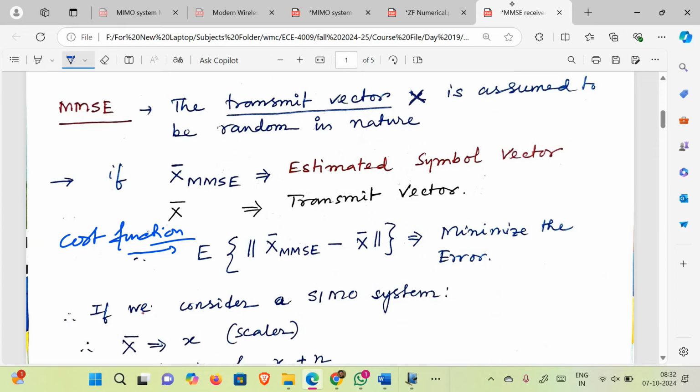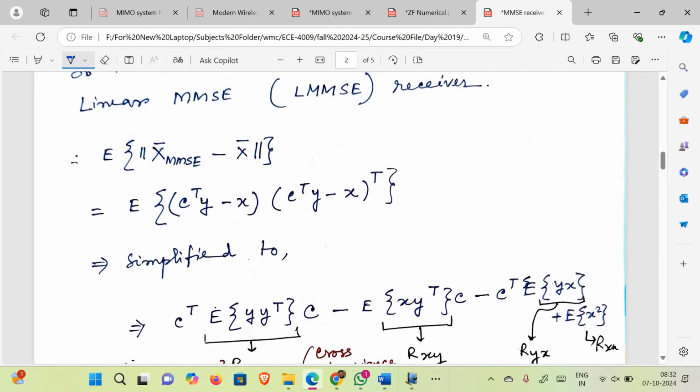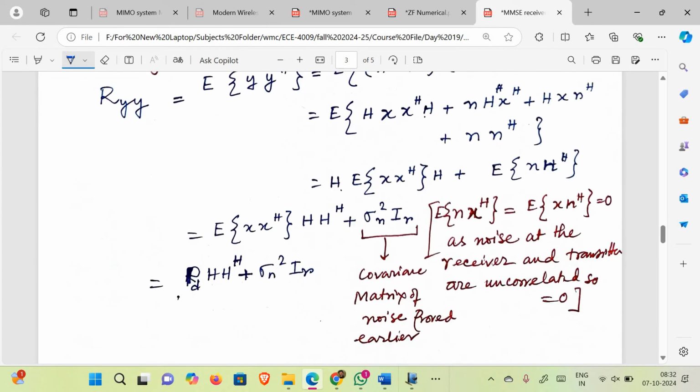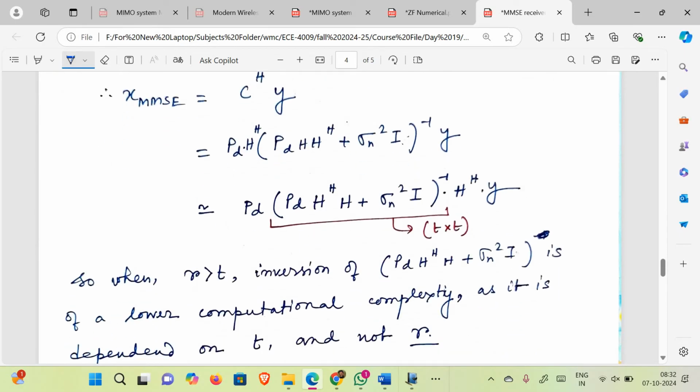Now, based on this, the calculations are there, which I would try not to do right now because it will take a lot of time to go through. But I'll give you one small piece of information which you should make note of. That is the final expression that we come across. When you remember the formula that we got for XZF, it was XZF equals FZF multiplied by Y. This was for zero forcing.